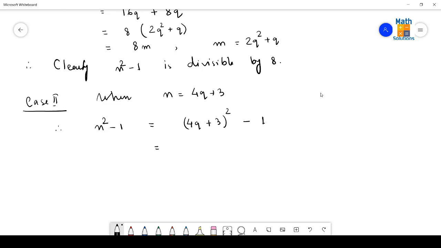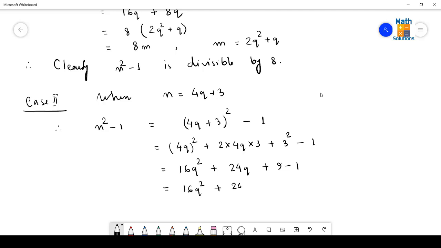Then after when broken into the form a plus b whole square, I get here 4q whole square plus 2 into 4q into 3 plus 3 square minus 1. Breaking it, I shall get 16q square plus, on this part 2 into 4 it is 8, 8 into 3 it is 24, 24q plus 9 minus 1. So on reduction I am getting 16q square plus 24q plus 8.